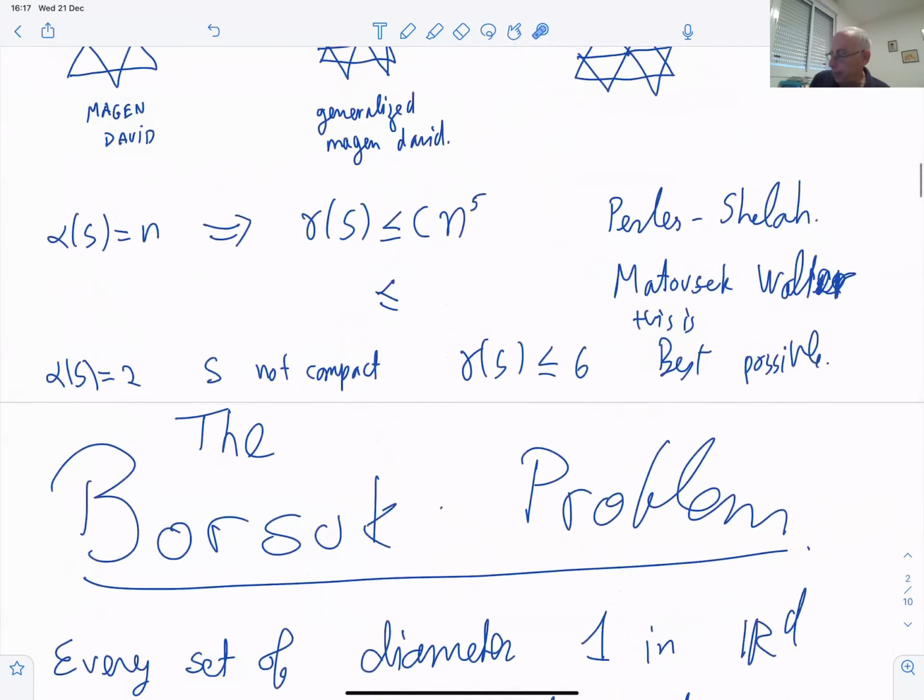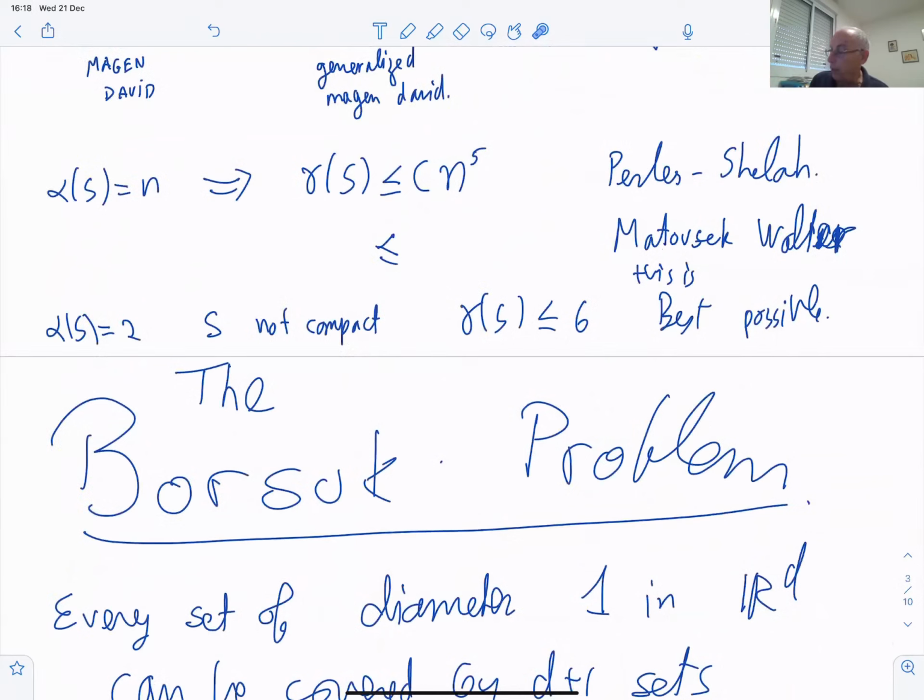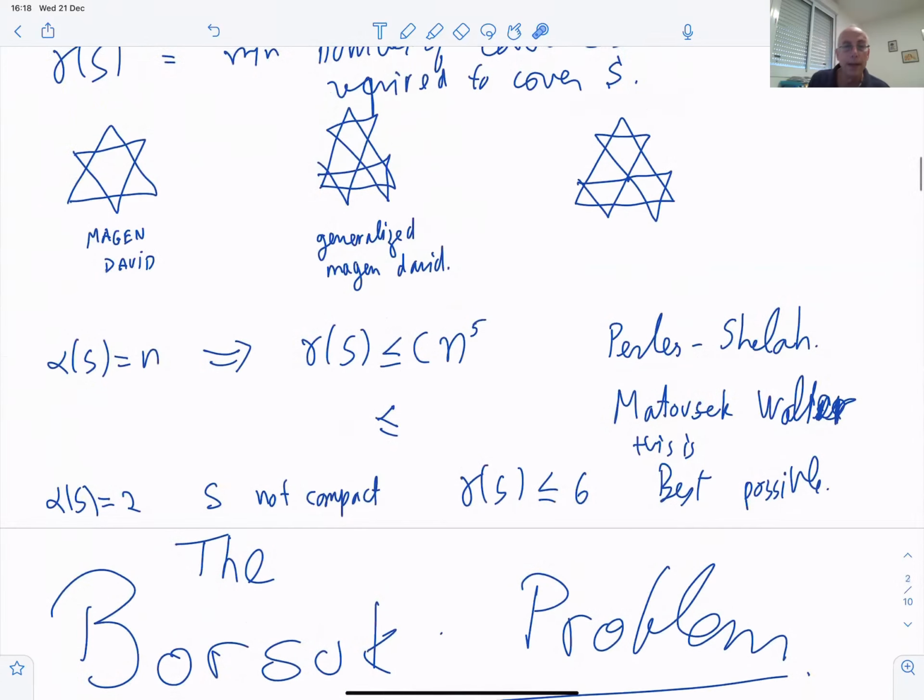And it's a very, very interesting question: what is the precise bound? And some algorithmic aspects of these proofs. And there was another very nice question: what happens if S is not compact?